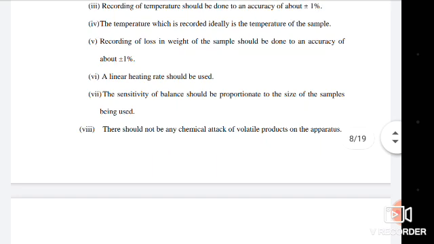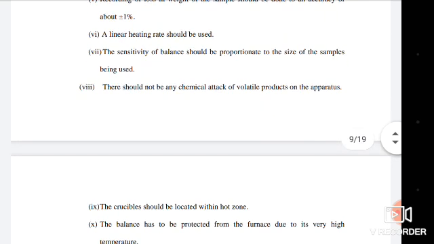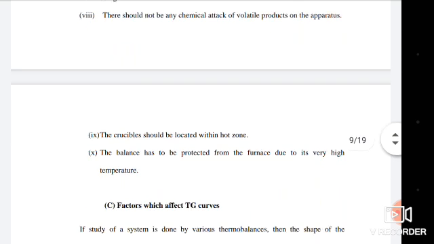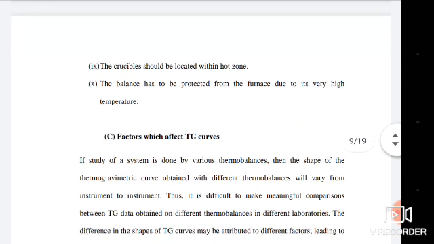The sensitivity of the balance should be proportionate to the size of the sample being used. There should not be any chemical attack of volatile products on the apparatus. The crucible should be located within the hot zone. The balance has to be protected from the furnace due to its very high temperature.